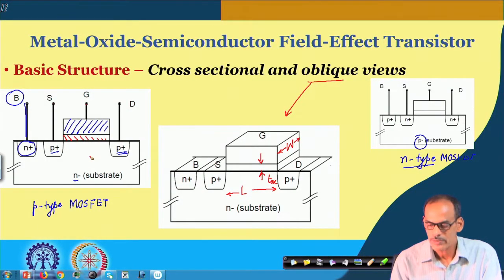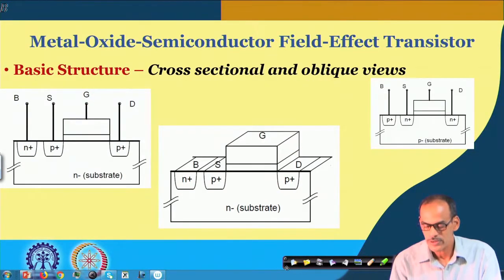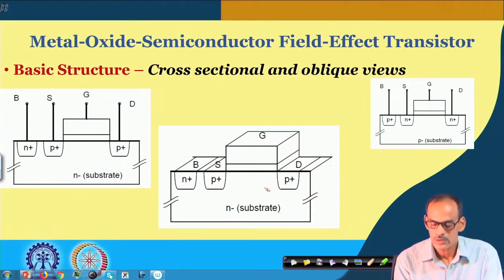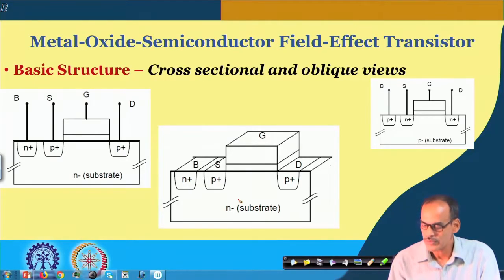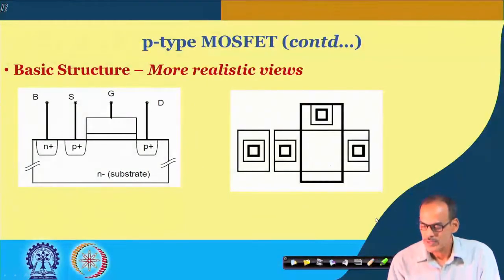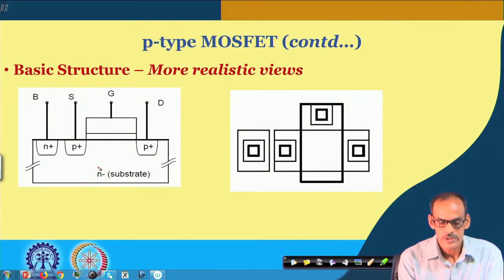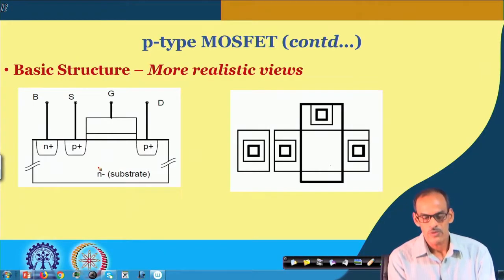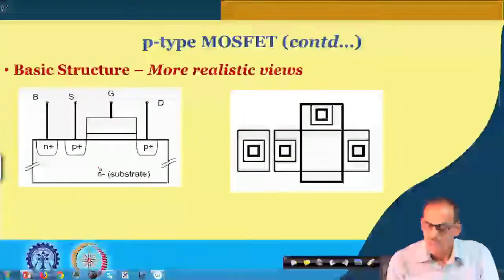We have discussed for the N type device what may be more realistic things, and also the top view. So, let us see for the PMOSFET, where we have P islands and an N type substrate, what may be the difference of the top view in comparison with the NMOSFET. Here is the cross sectional view of the PMOSFET, and this is the top view.